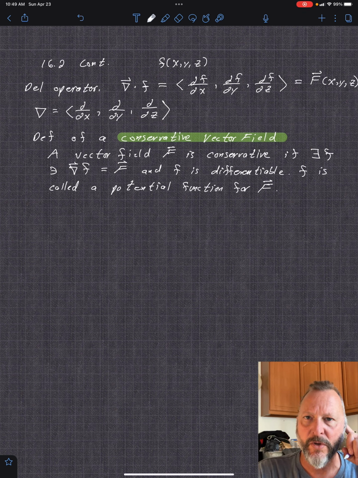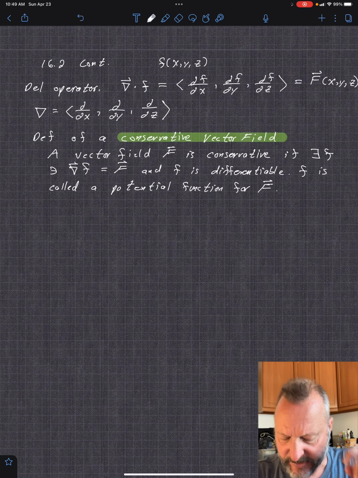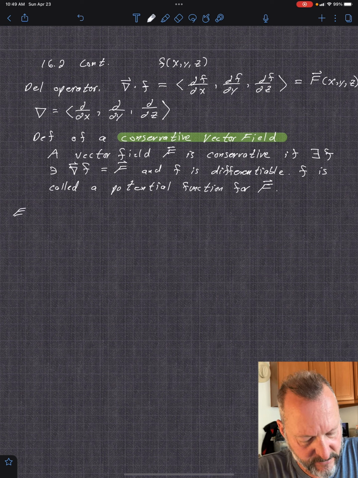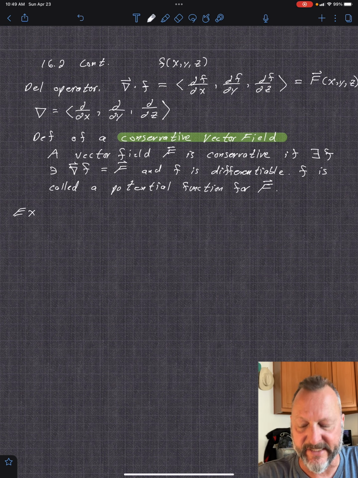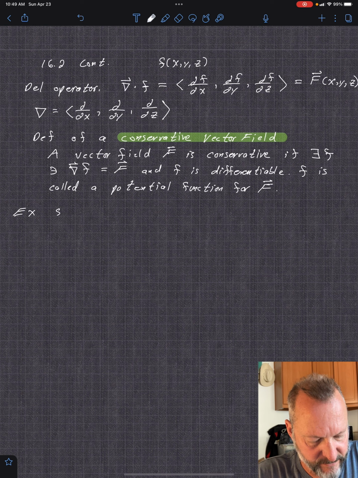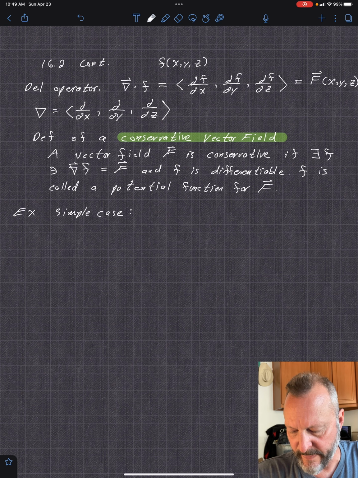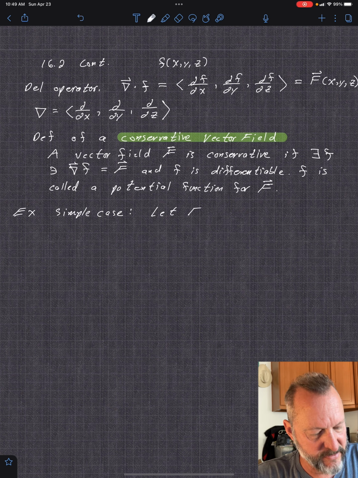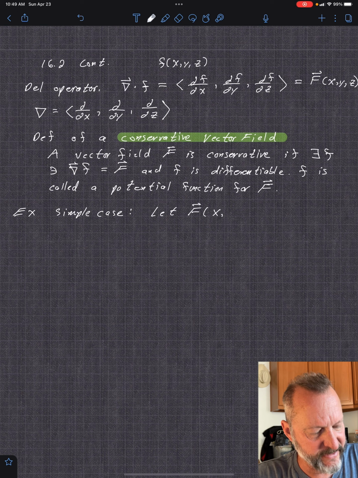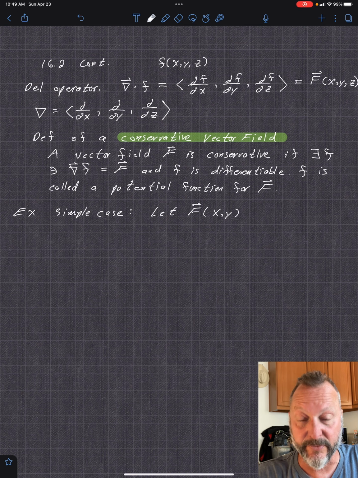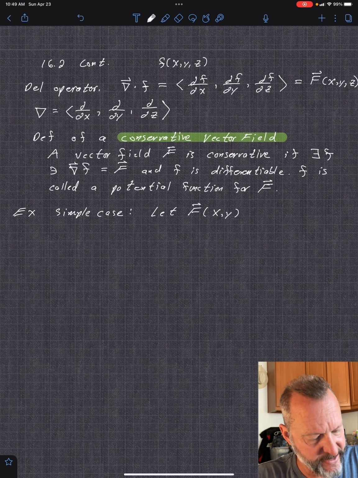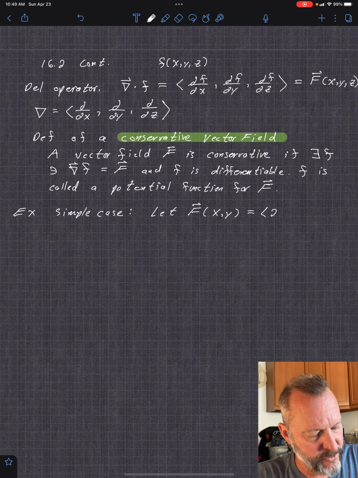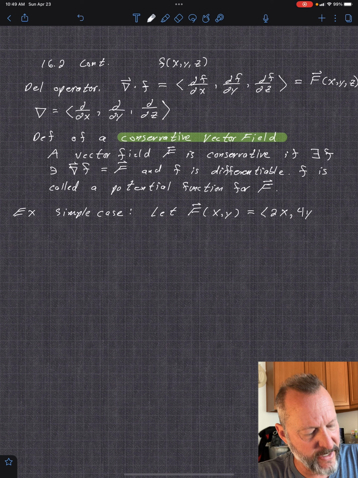Okay, so we will look at a simple case first that we can just basically guess. Let capital F of x, y, so we'll stay in 2D, equal 2x comma 4y.